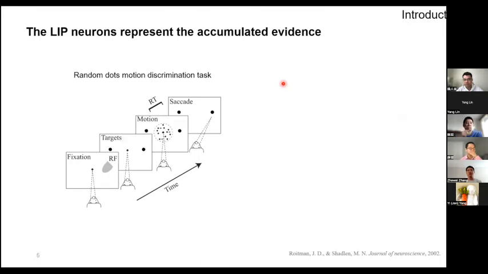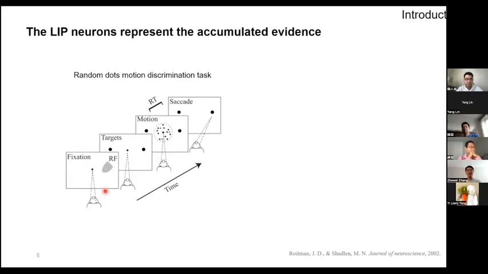Michael Shadlen tested the role of LIP in a decision-making task. The random dots motion discrimination task is a very classic behavioral paradigm for studying perceptual decision-making. In this task, the monkeys also need to fixate on the central dot, and then two targets are presented.